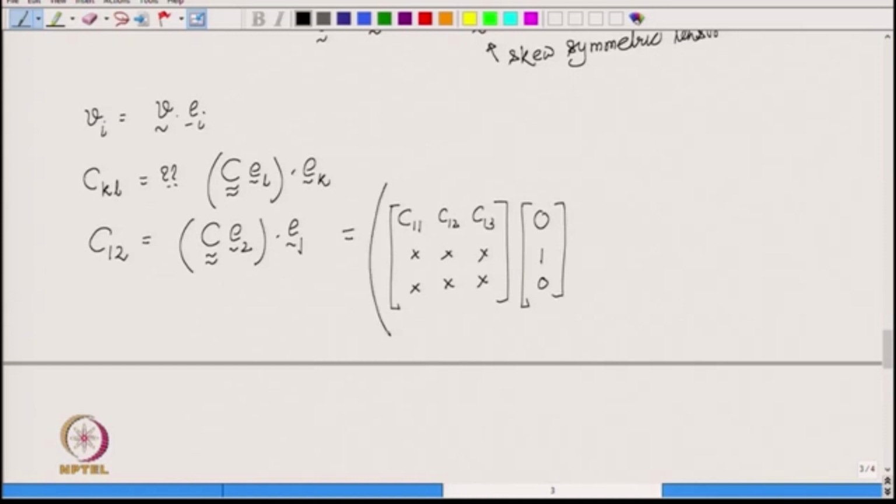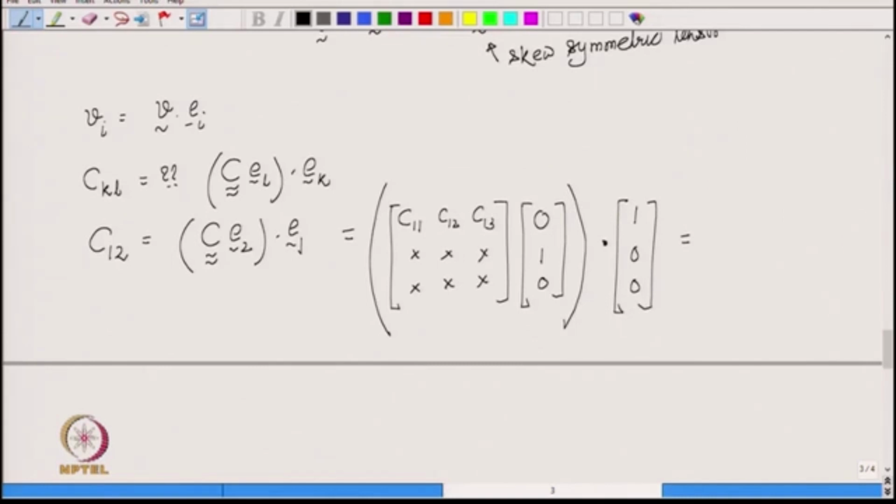You multiply these two, you get a vector or a column, and then I dot it with e_1, which is 1, 0, 0. So, can you see what you will get? Within that small bracket you have matrix times this vector 0, 1, 0.